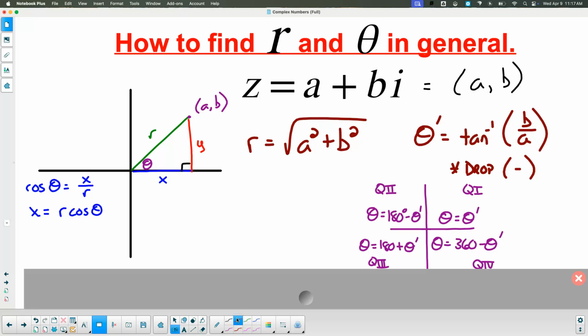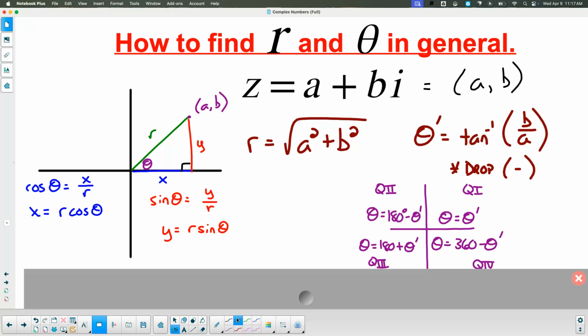What am I going to use to find Y? Sine. Okay. So the sine of theta is Y over R, which means then that Y is going to be R sine of theta.